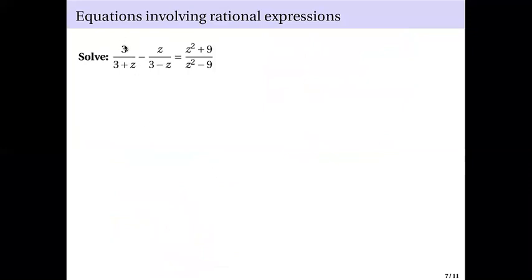So we have 3 over 3 plus z minus z over 3 minus z equals z squared plus 9 over z squared minus 9. So here we take note: z squared minus 9 is equal to (z minus 3)(z plus 3).